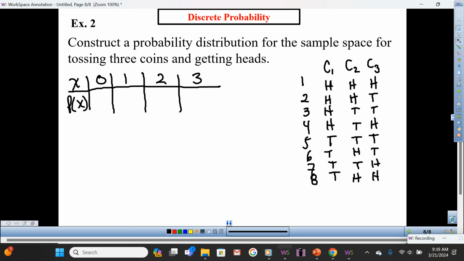All right. So, look at the combinations. What is the probability of not getting any of them to be heads? 1/8. That is correct.